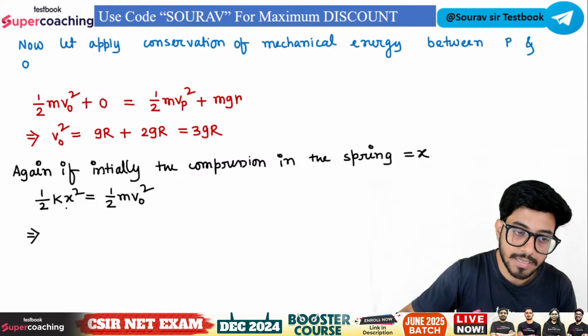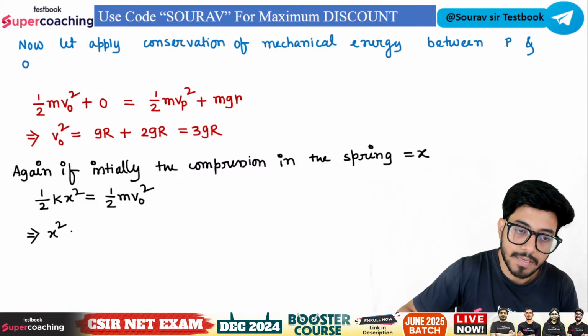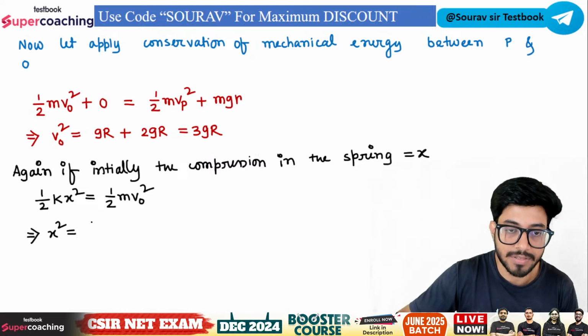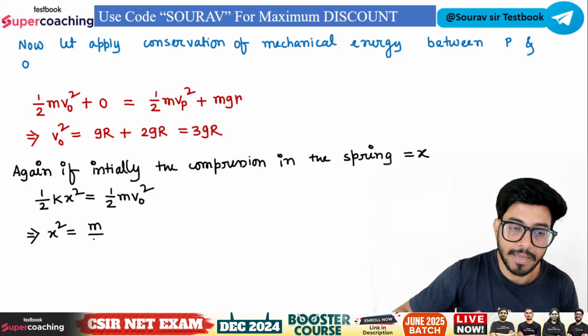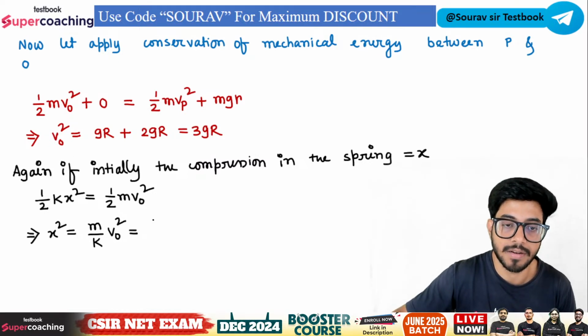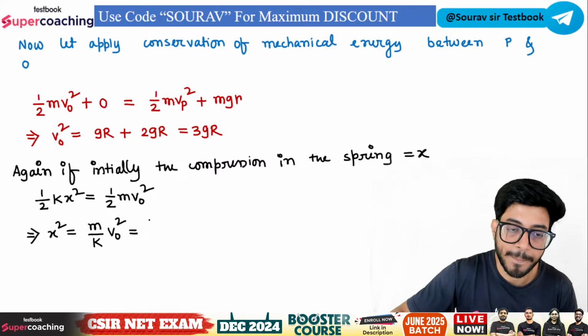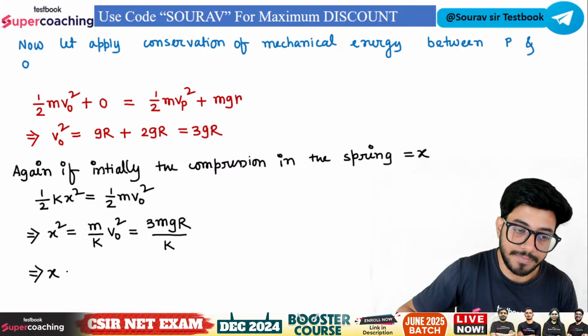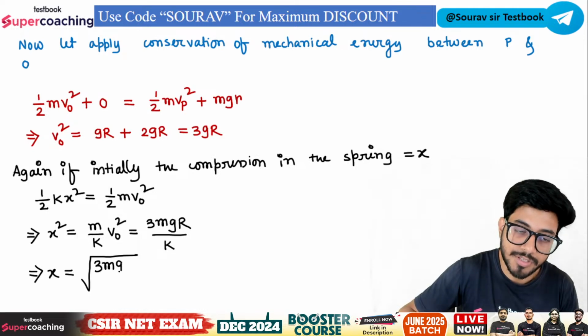From there I can get x square is equal to, see, half cancels out, m by k v naught square. We know that v naught square is 3gr, so 3mgr by k is basically your x square, and therefore x is root over of 3mgr divided by k.